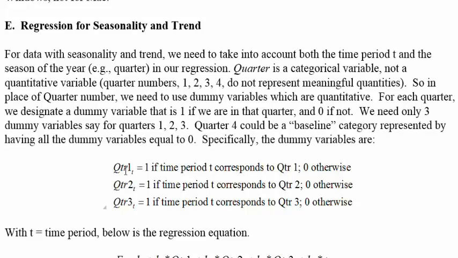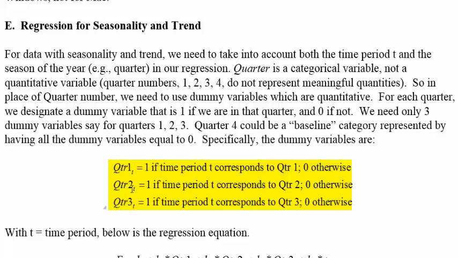So here are 3 new variables. These are called dummy variables because they're just fake variables that we're making up. The Q1 variable is going to be 1 if you are in quarter 1, and otherwise 0. Quarter 2 is another variable, 1 if you are in quarter 2, otherwise 0. Quarter 3, again, 1 or 0, depending on whether you're in quarter 3.